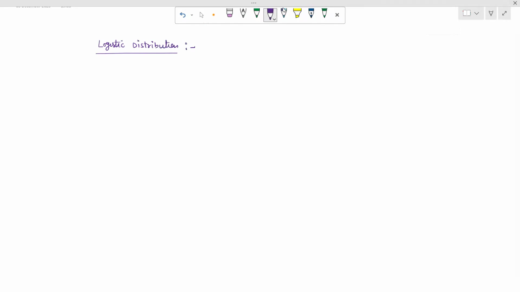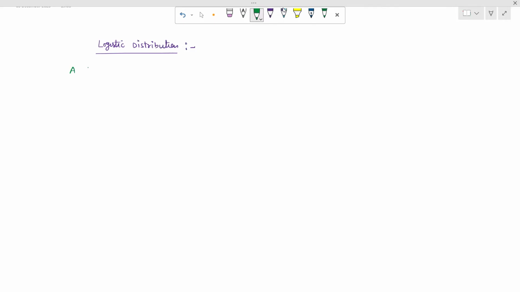So first we define the distribution function, then we define the logistic distribution, when we can write out the probability density function of that. So this logistic distribution is also a continuous probability distribution.